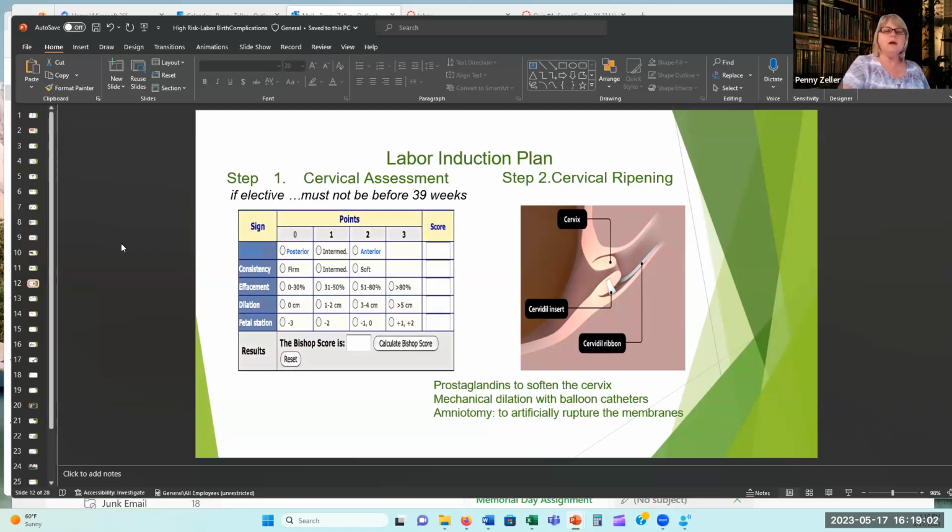Actually we do a palpation. Where is the fetus? What's the fetal station? Where is the fetal head? Is the head engaged? Is the cervix soft or is it firm? Is it effacing? Is it shortening up and thinning out?